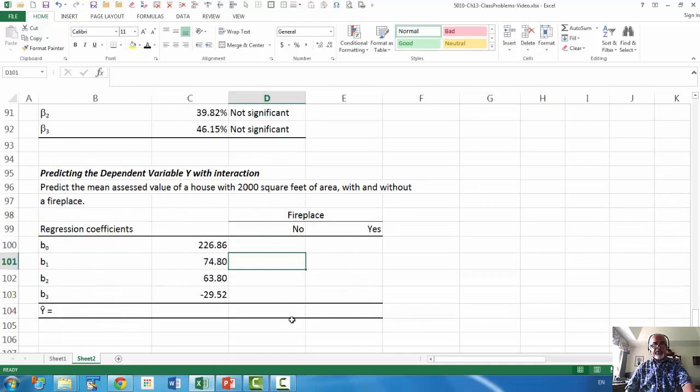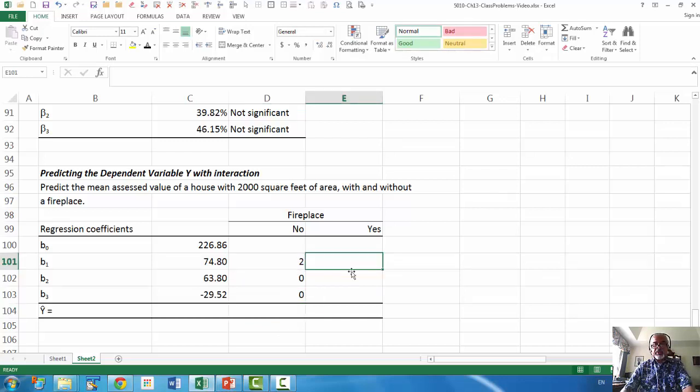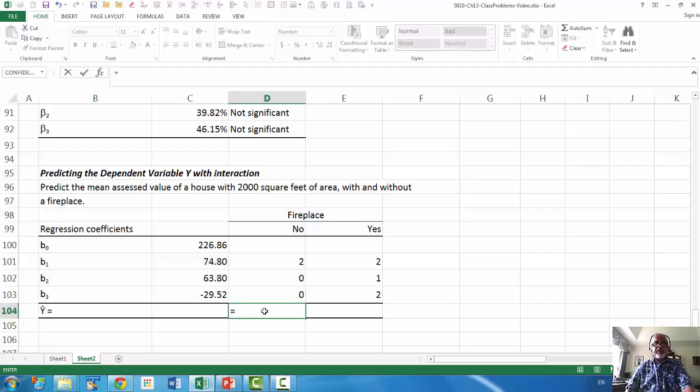So in this case, x sub 1 value is 2, x sub 2 is 0, and then we multiply x sub 1 with x sub 2 to get the x sub 3 value. Here it is 2 and 1, and once again we multiply x sub 1 and x sub 2 to get the x sub 3 value. Now y hat is b sub 0, absolute reference that, plus, now we want to multiply these three coefficients with these three x values and add them up.